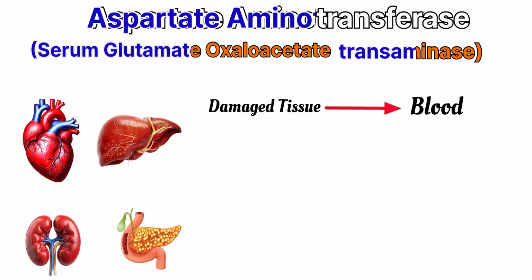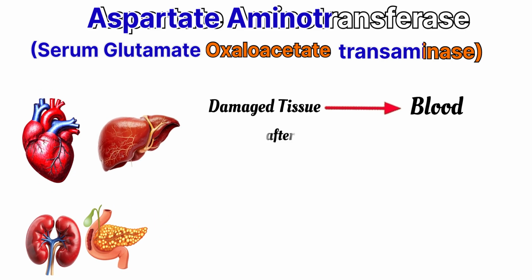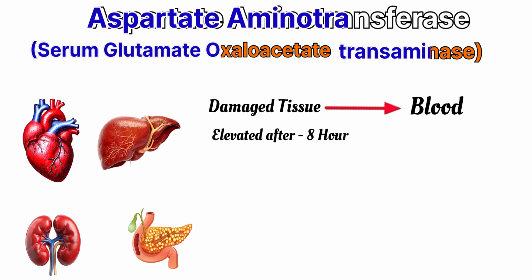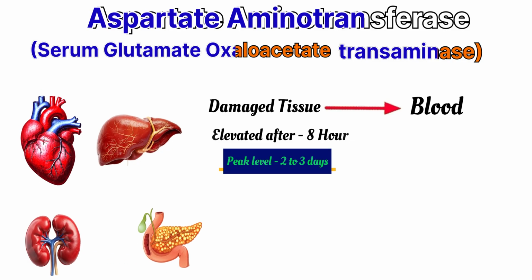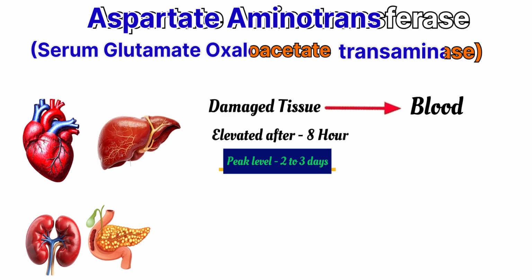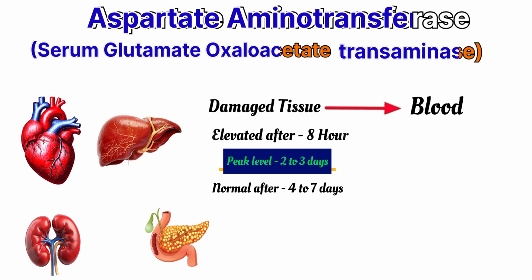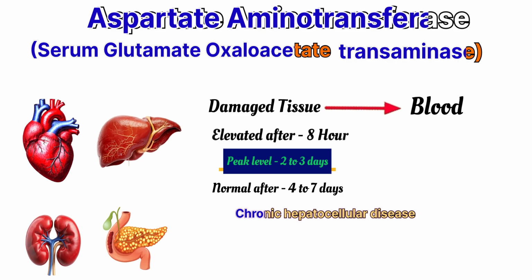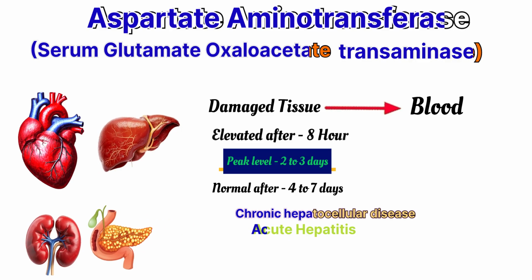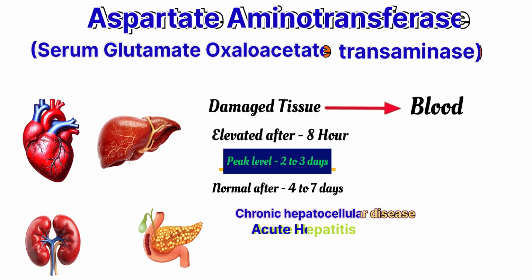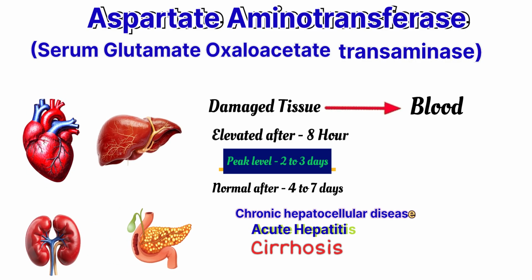After the cellular damage, it gets elevated after 8 hours. Peak level is at 2 to 3 days and becomes normal after 4 to 7 days. The major reasons for the elevation of this enzyme are chronic hepatocellular disease, acute hepatitis, cirrhosis, acute extrahepatic obstruction, etc.